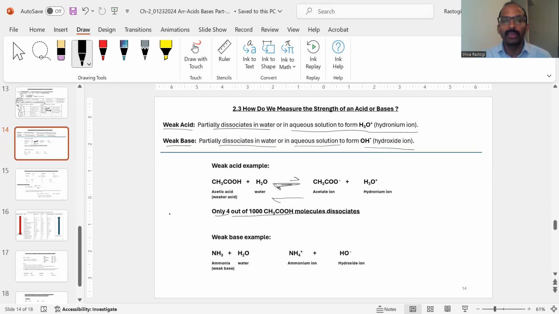So it's a very, very weak acid. Next is a weak base example. Ammonia is a weak base when we try to dissolve it in water. It has a very slow or sluggish reaction toward the product side. Mostly it remains on the reactant side. So these are the examples of weak acids and bases.